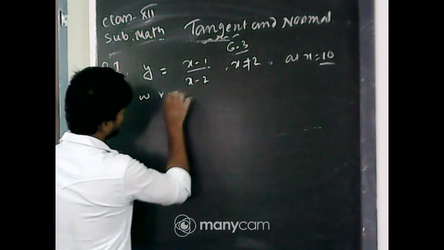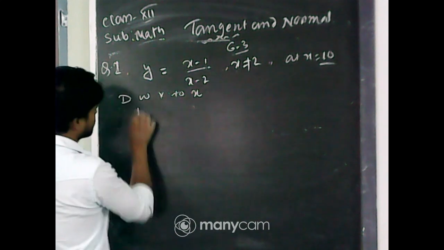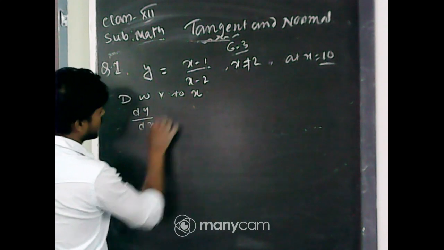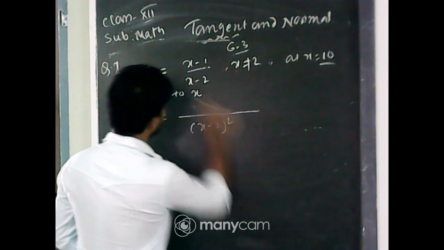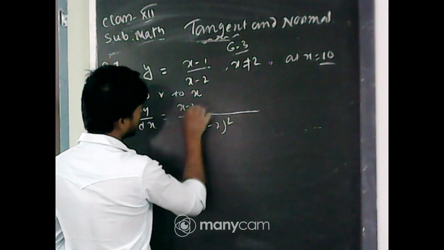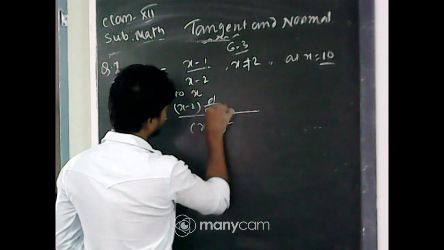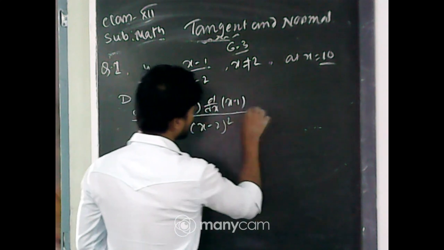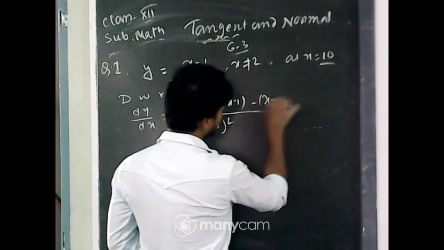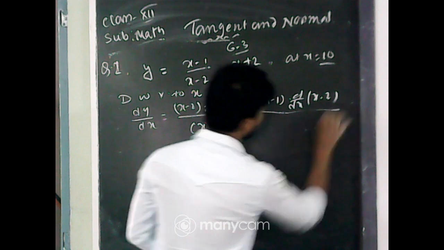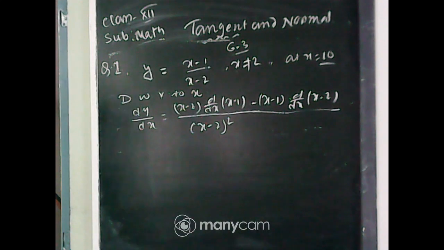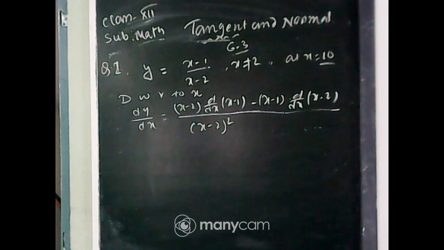Differentiating with respect to x, we have dy/dx is equal to (x minus 2) whole square in the denominator, and in the numerator, x minus 2 into the derivative of the first function minus the first function, fixed, into the derivative of the second function. Now do the differentiation, put x equal to 10 there, do the calculation and then tell me the answer.